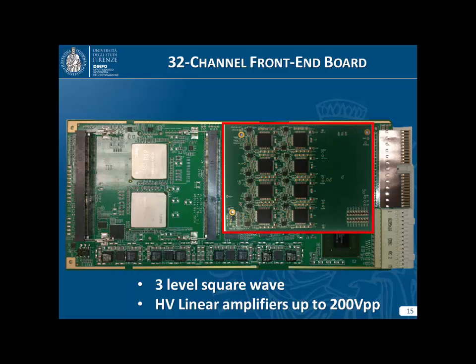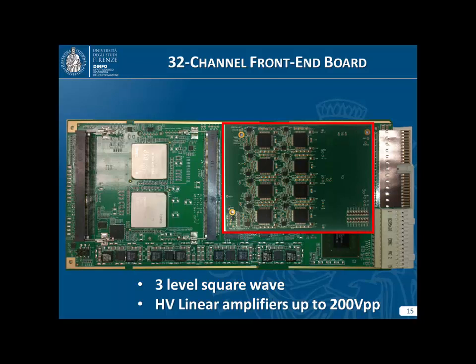One is a simple 3-level square wave transmitter. And the other solution that we actually implemented is to use high voltage linear amplifiers that are capable of driving up to 200 volts peak to peak. So on the system we will have 256 channels of linear transmitters at high voltage.